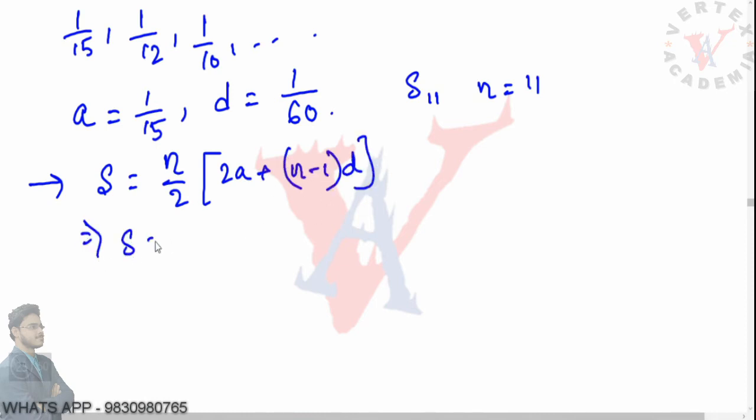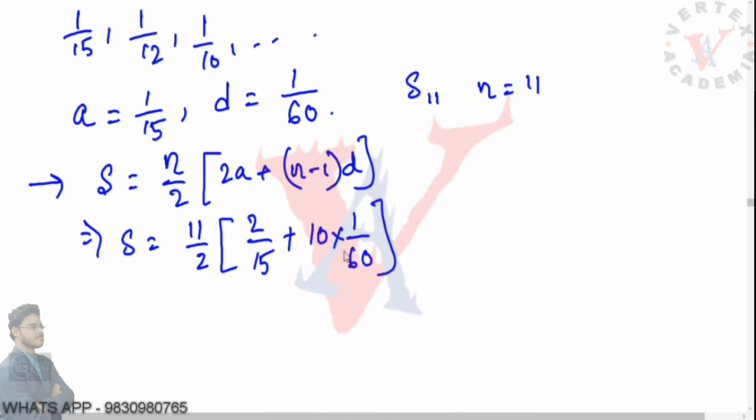So the sum is, what is n? n is 11, so 11 by 2 into 2 times a, so 2 by 15, plus n minus 1 times d. n is 11, so n minus 1 will be 10, so 10 into 1 by 60, which is 1 by 6. So the sum is 11 by 2 into 2 by 15 plus 1 by 6.